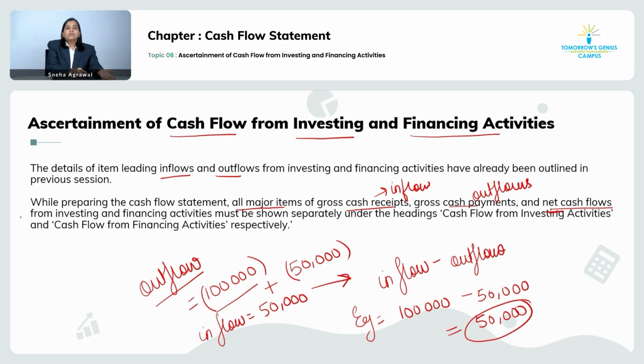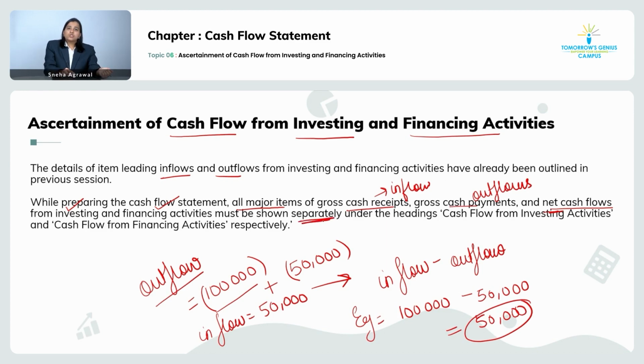From investing activity and financing activity, you have to show them separately. I can't just take all the investing activity inflows and financing activity inflows together, deduct the cash outflows from investing and financing activity, and then put the total. I want to know the net cash flows from investing activity and the net cash flows from the financing activity separately.